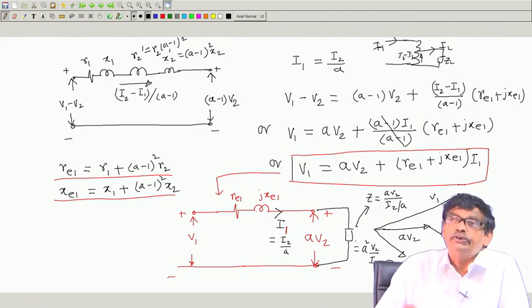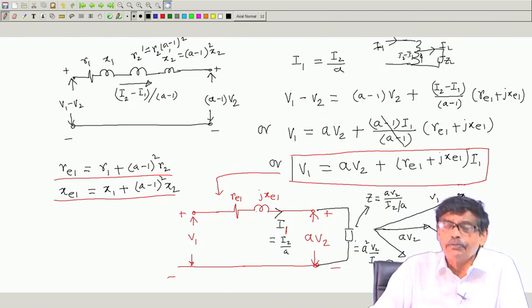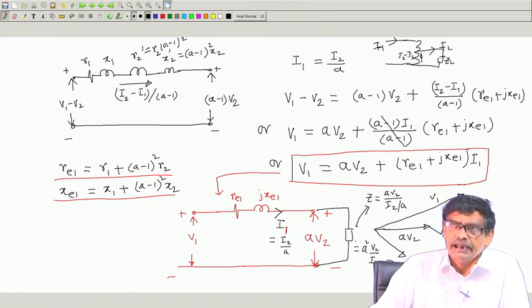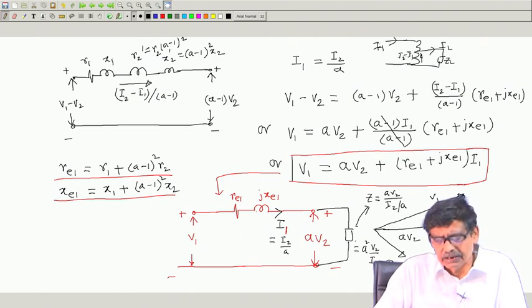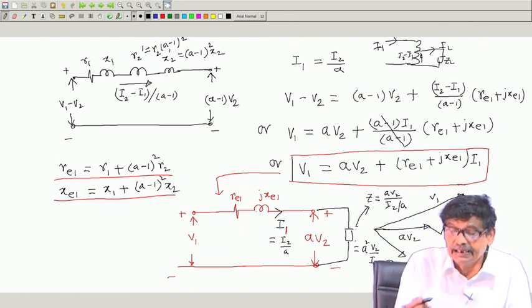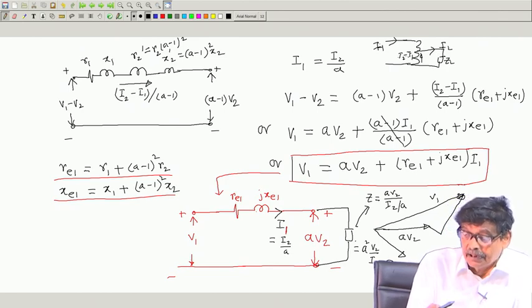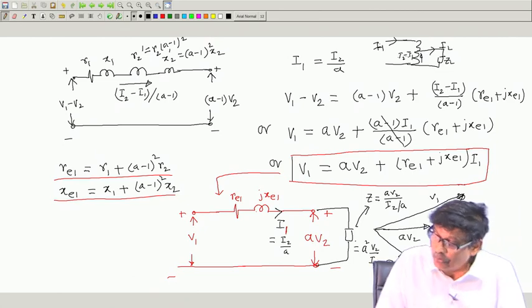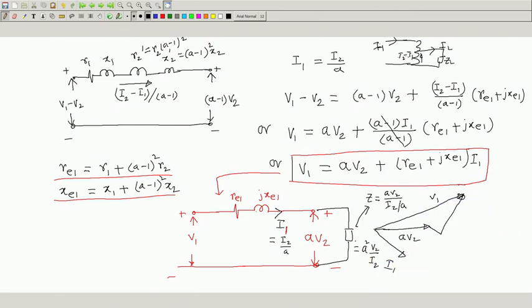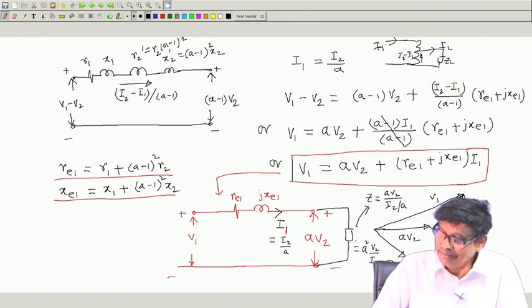Therefore, this point should be remembered. So, auto transformer equivalent circuit, if you want to draw, is slightly difficult, means if you are conceptually okay, you can easily develop, but one should be careful. The winding leakage impedance will be multiplied by (A minus 1) whole square, but the load impedance should be multiplied by A square, where A is n1 by n2, is it not.